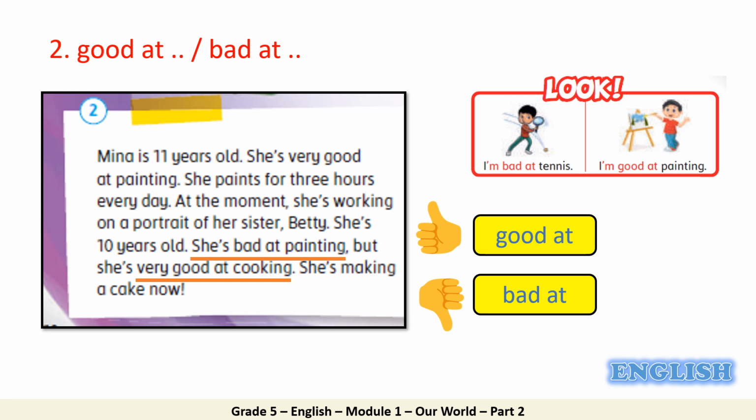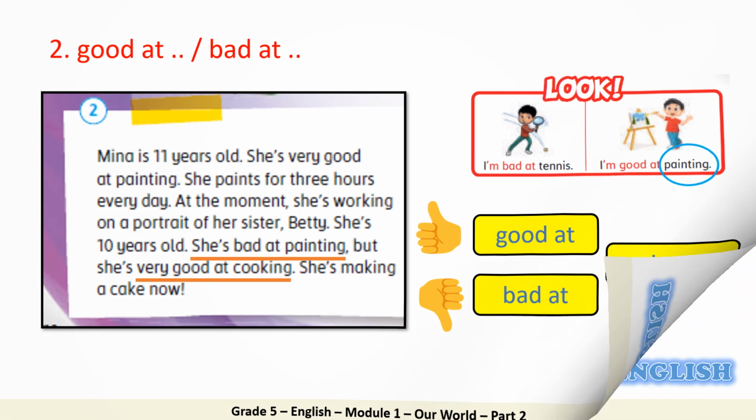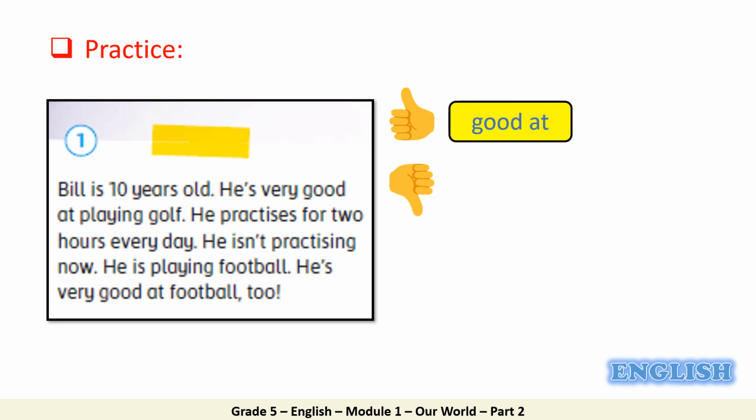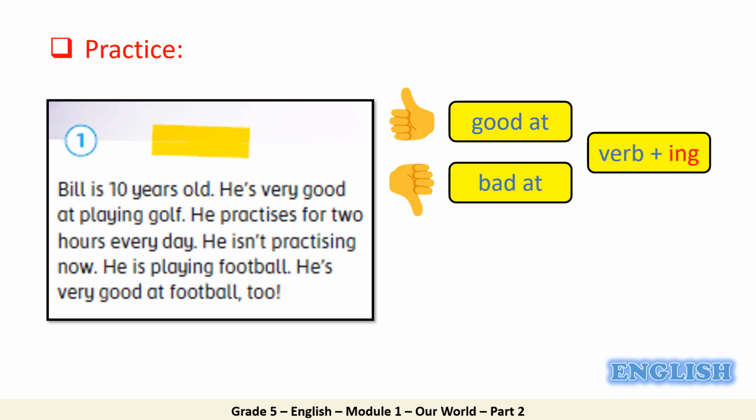When we talk about things we are good at or bad at, we add ing to the verb that follows. So we say, I am good at painting, or I am bad at cooking. So, when we use good at or bad at, we add ing to the verb that follows.